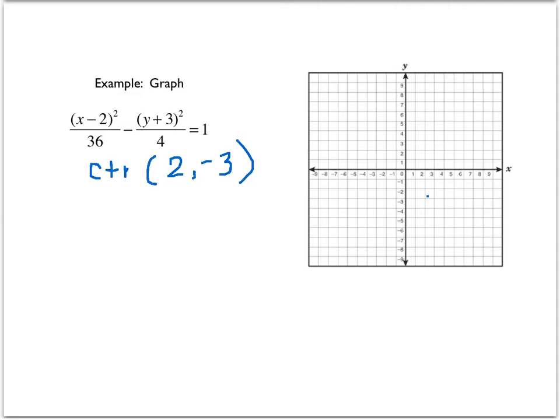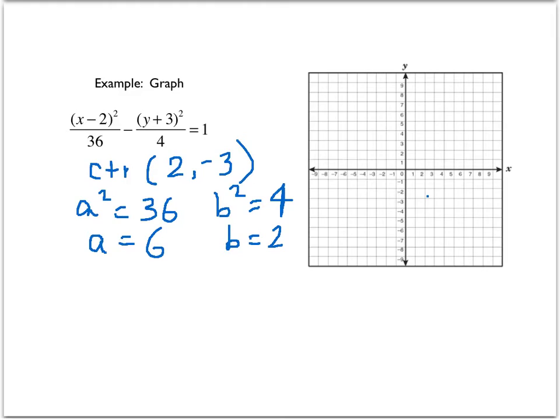Okay. We can tell that our a squared is 36, and our b squared is 4. Again, a squared always comes first when we graph these hyperbolas. So that means that a is 6 and b is 2.